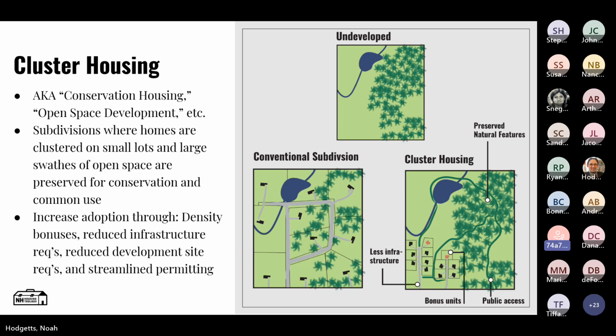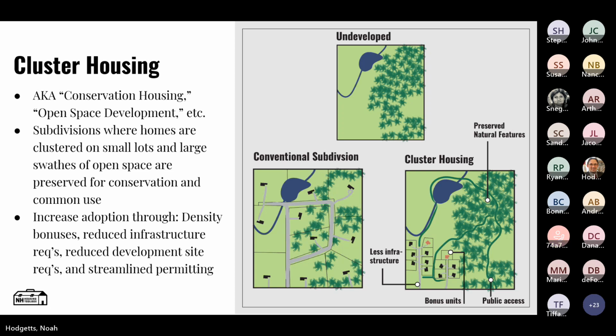A lot of communities have them on the books, but a lot of communities haven't seen one come forward, maybe ever, maybe in 20 years, even if they're seeing conventional subdivision development move forward. So that's sort of an overview and really the quick hits of what we think makes a more successful cluster housing ordinance.